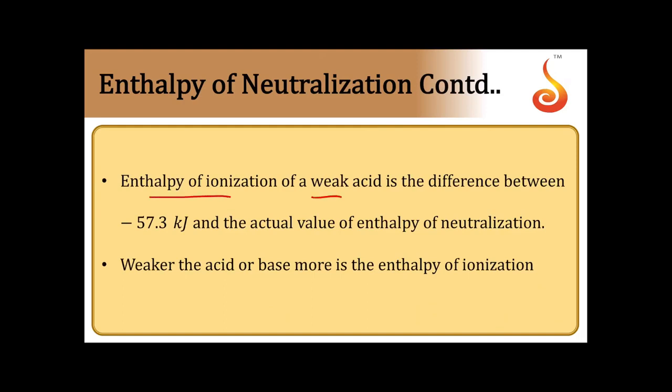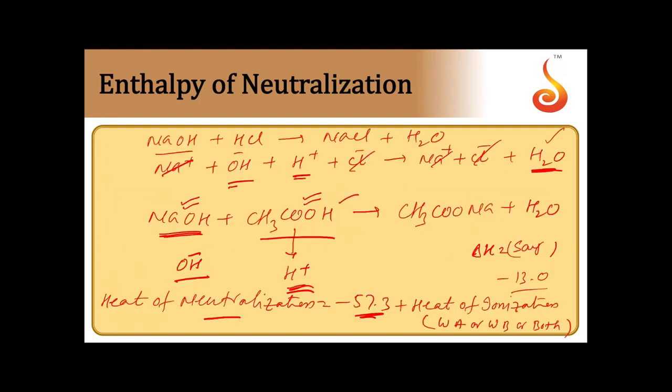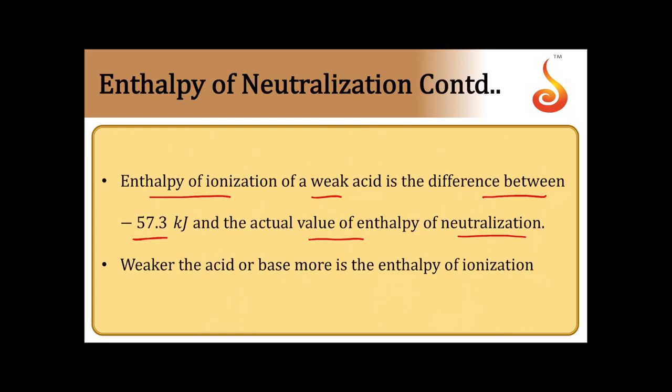So enthalpy of ionization of a weaker acid is the difference between minus 57.3 and the actual value of enthalpy of neutralization. From the formula we can understand that heat of ionization will be equal to the difference between the heat of neutralization and 57.3.